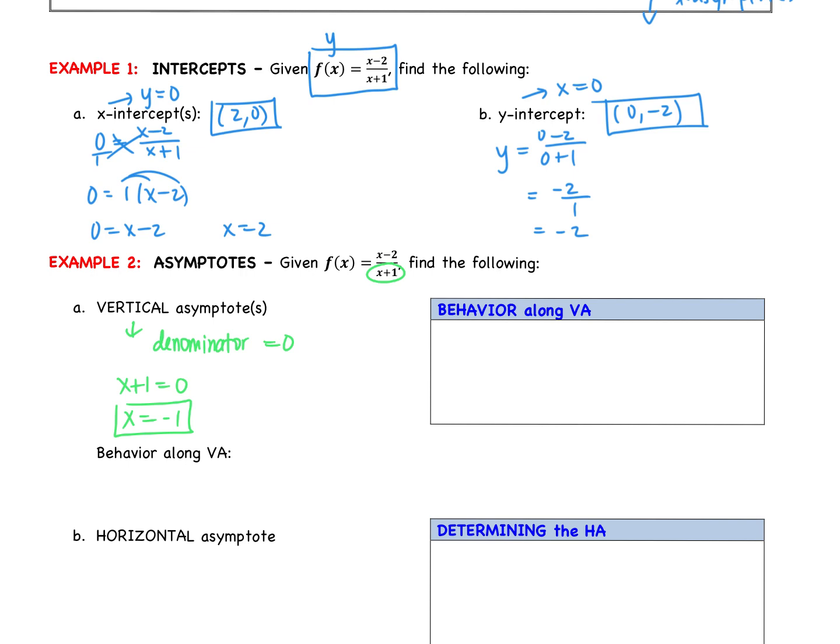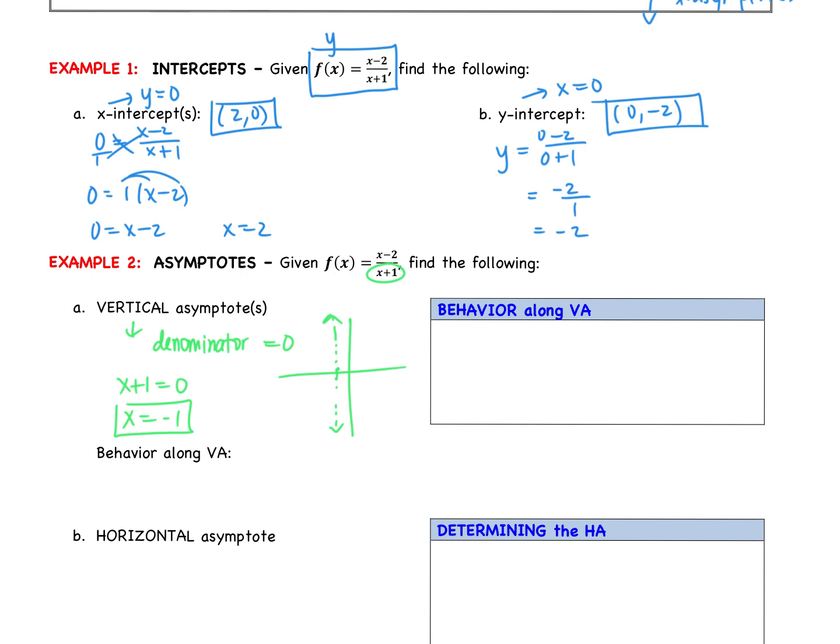What's important about vertical asymptotes, or another piece that's important, is the behavior along them. So again, at -1, about here, we're going to have this asymptote. We're going to have a part of the graph to the left, and a part of the graph to the right. Sometimes those parts will go in opposite directions.